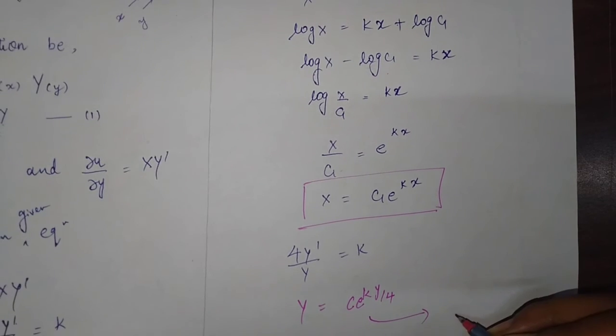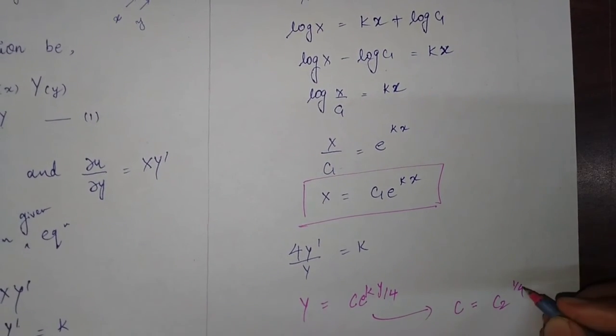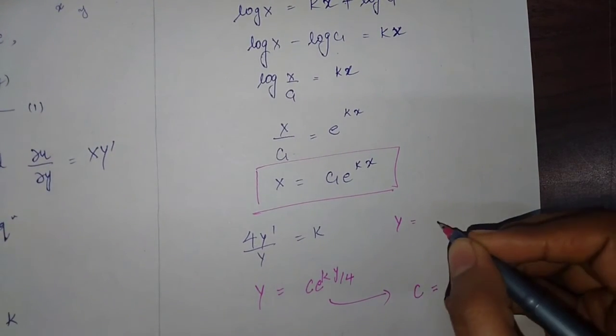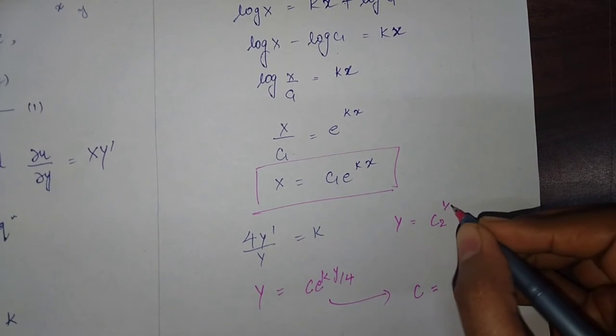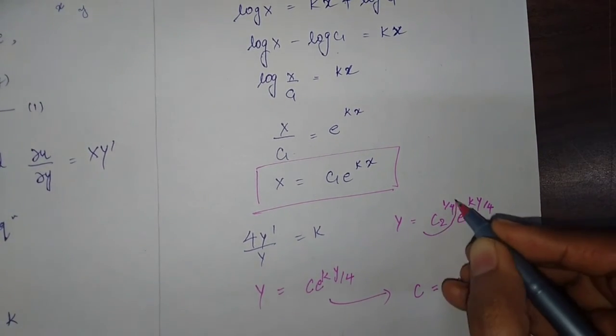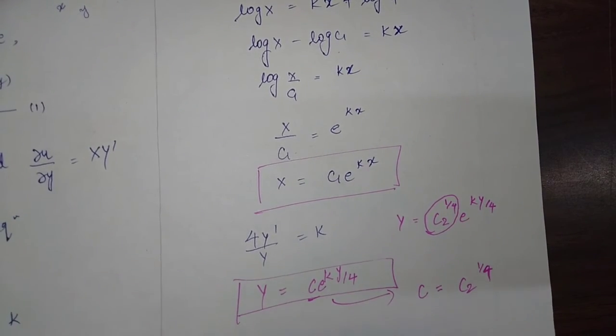But here c is equal to c2 raised to 1 by 4. So you will get Y equal to c2 into c2 raised to 1 by 4 into e raised to ky by 4. But c2 raised to 1 by 4, in place of that we write c. So finally you got the value of capital X and capital Y.